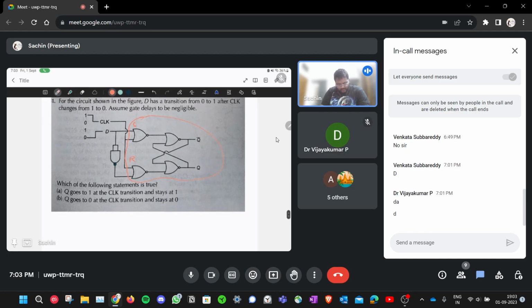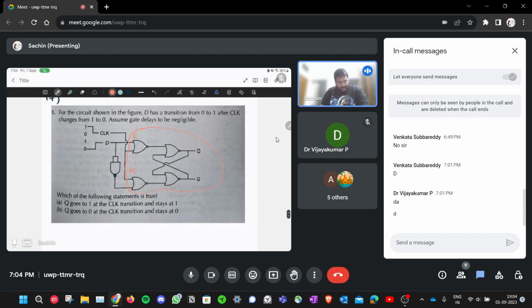So if you are implementing with NOR gates, then the output that is just after S will be Q bar, and the output that is straight from R is Q. If you make the circuit with NAND gates, what is in line with Q is S bar, and what is in line with Q bar is R bar.